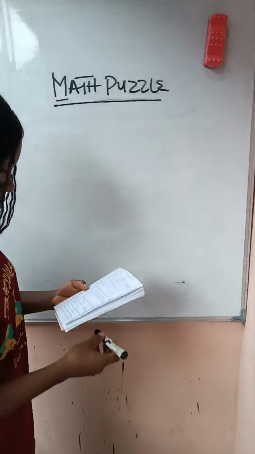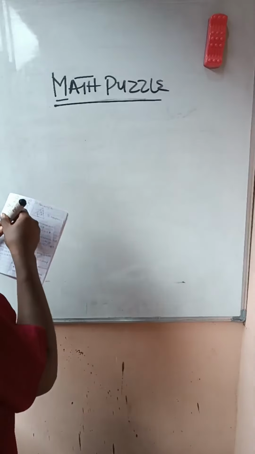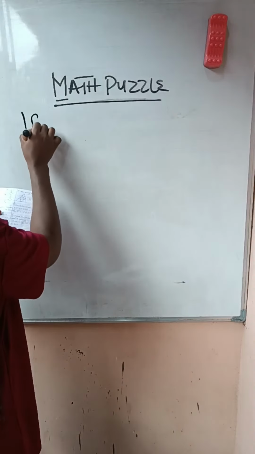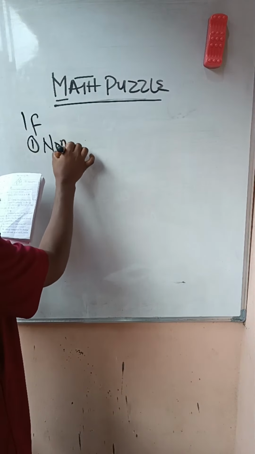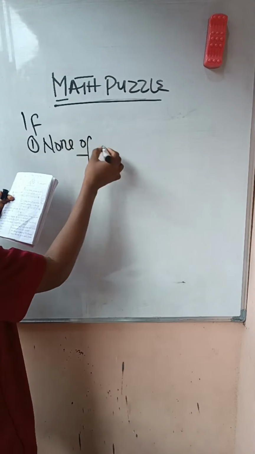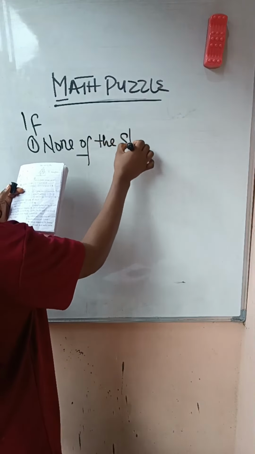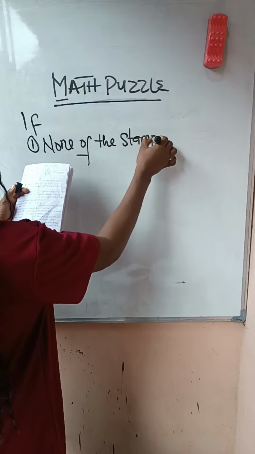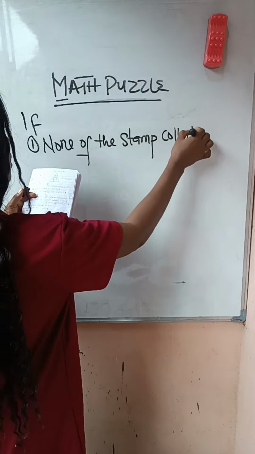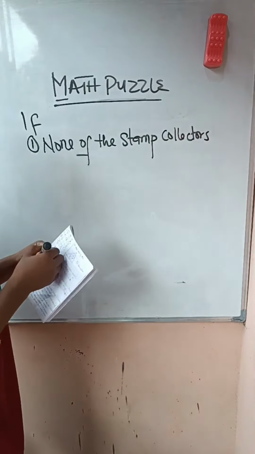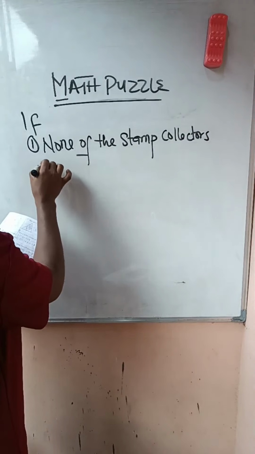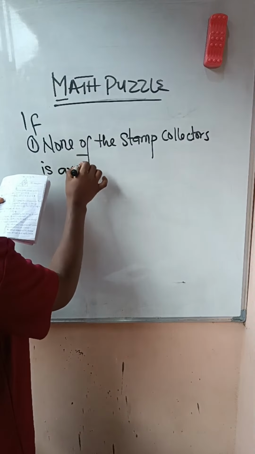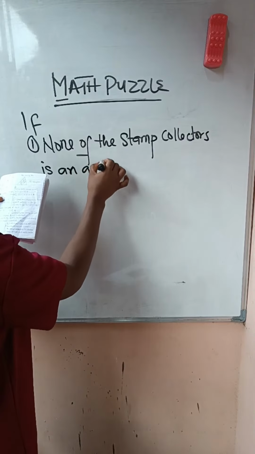This one says, if 1, none of the stamp collectors is an architect.